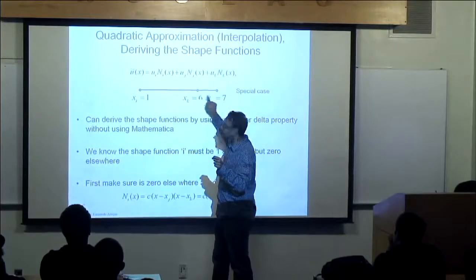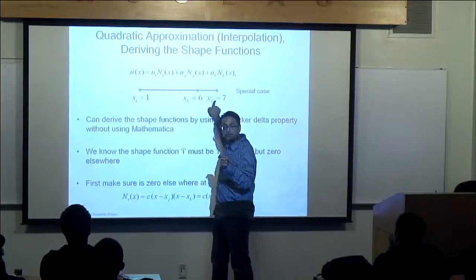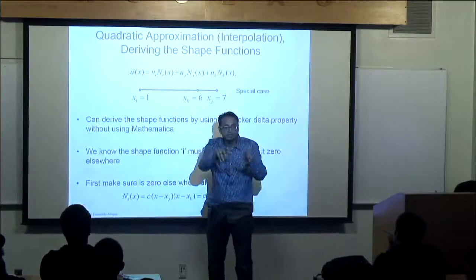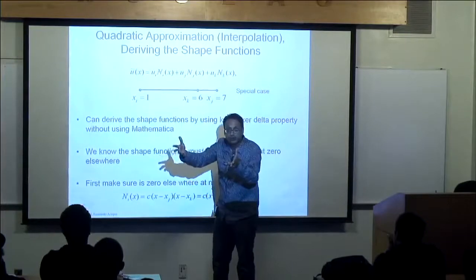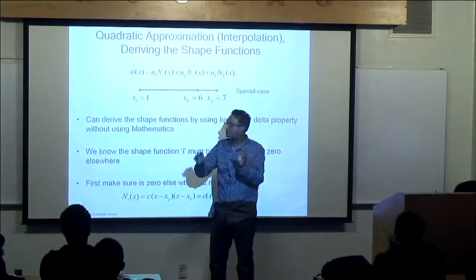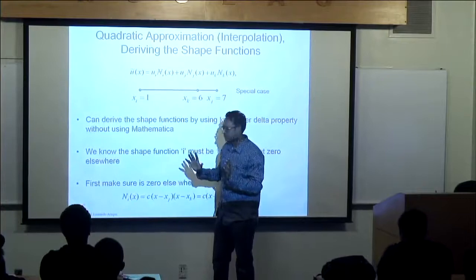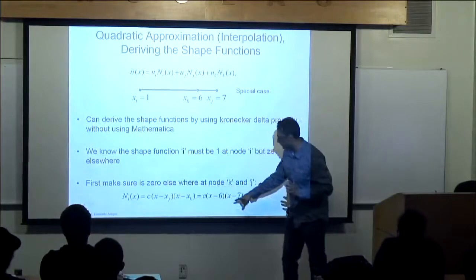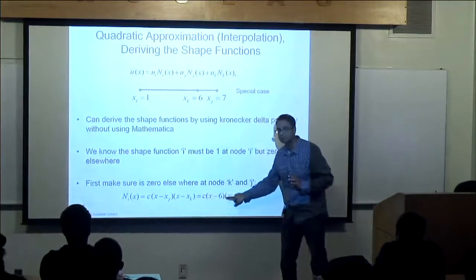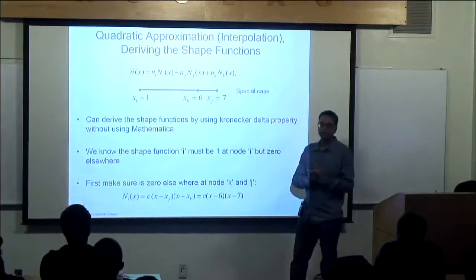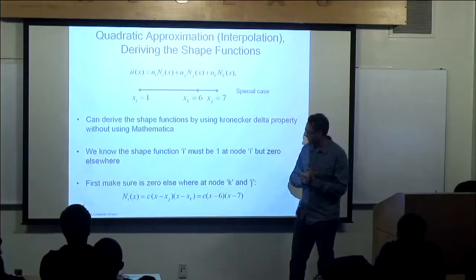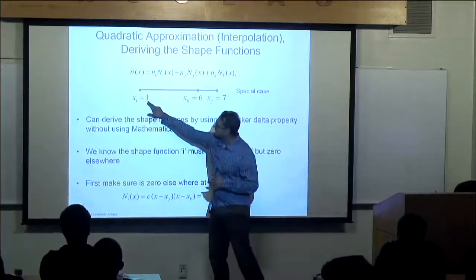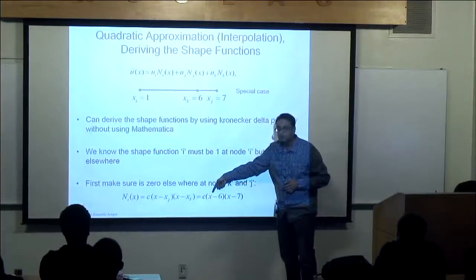So if I plug in these values in my shape function, I must have an x minus 6 and an x minus 7, right? I have to have that so that those go away, right? So the very minimum you see here for shape function I already know is x minus 6, x minus 7. Everybody agrees. And if I plug in the value of x at 1, what do I get there?